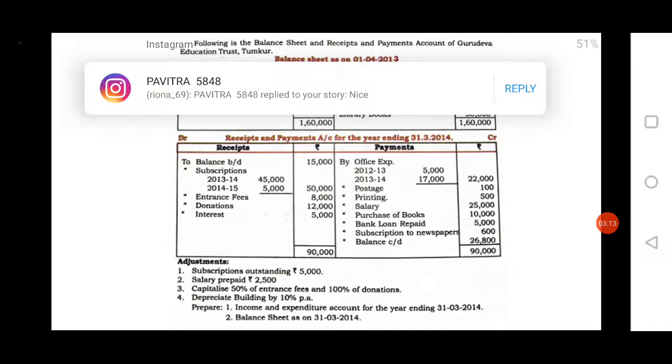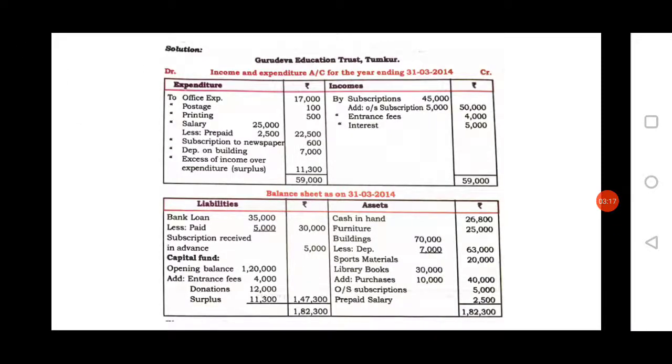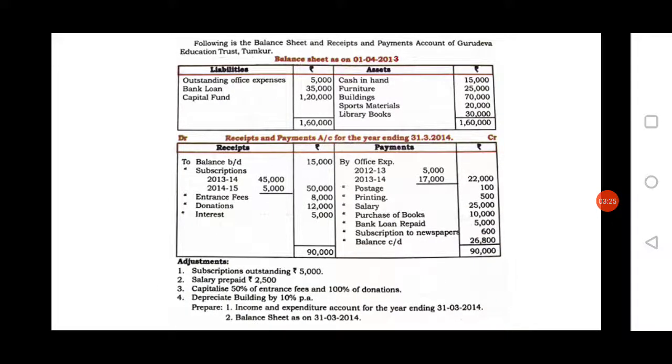It is revenue expenditure, therefore in the expenditure side you have to record to subscription to newspaper rupees 600. Next, in the payment side they have given the closing balance of cash, that is by balance carried down, it comes in the balance sheet, that is the asset side.